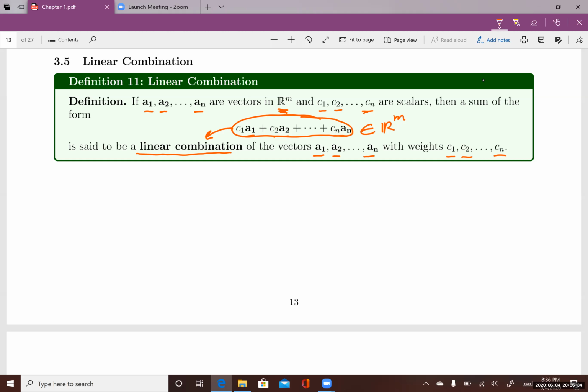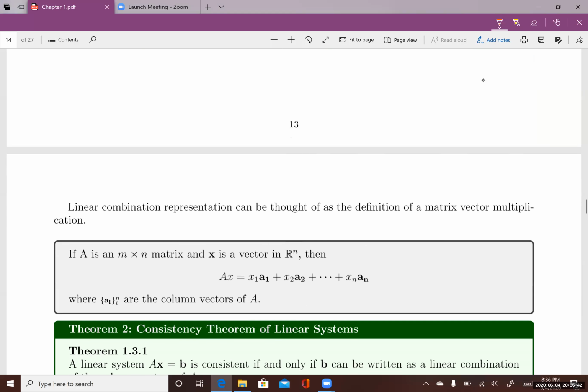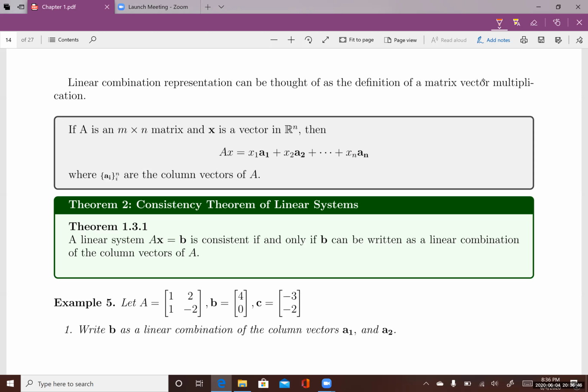And from this idea of linear combinations, we can try to connect linear combinations with matrix equations, which is a system of linear equations, right?